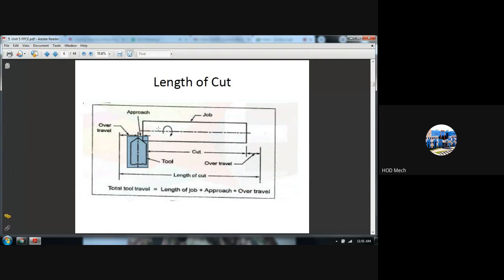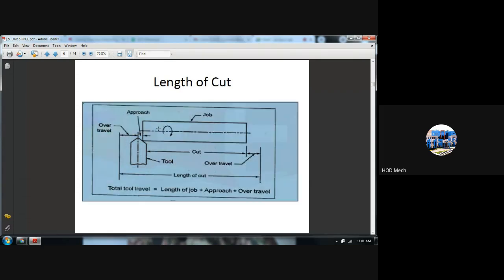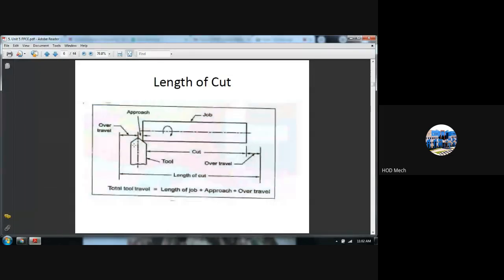Now, when you want to define the terms, initially, you set the tool, and after setting up the tool, when you move the tool towards the workpiece, this portion of length traveled by the tool is called over travel.